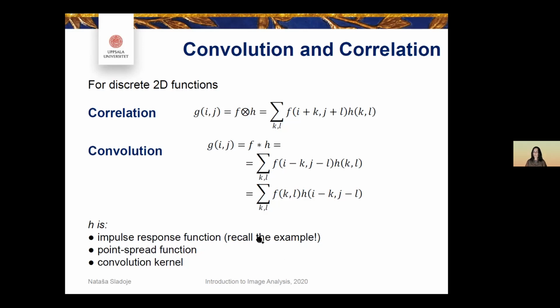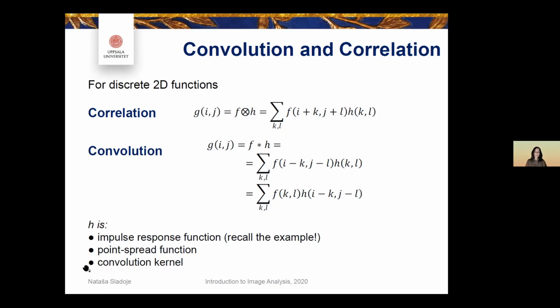So we can recall the small example that we had in the 1D case, where our discrete impulse signal actually reflected the filter, the function h, and therefore the name. Point spread function, we will come to that soon and explain what this actually means.